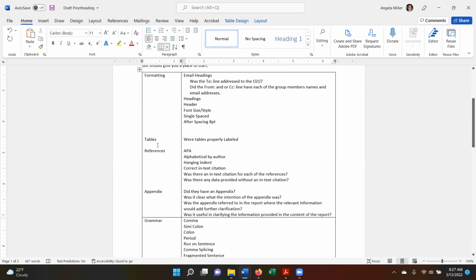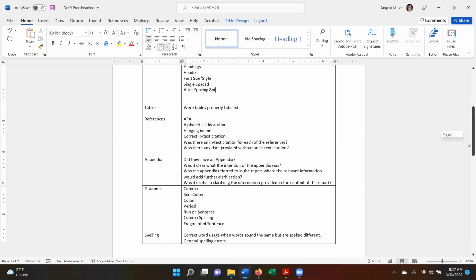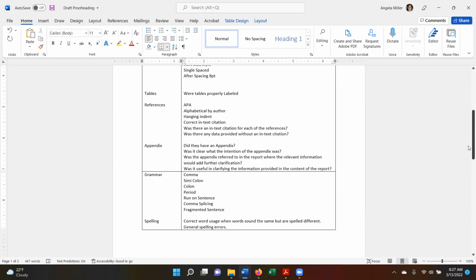You want to make sure that the reference page is APA, that it's alphabetical order, that there's a hanging indent. Make sure the in-text citations are correct, right? So there's all these different things. If you're including an appendix, is the purpose of that appendix clear? Do you understand why it's there? What did it refer to? And was the appendix referred to in the paper, right? There has to be a connection there.